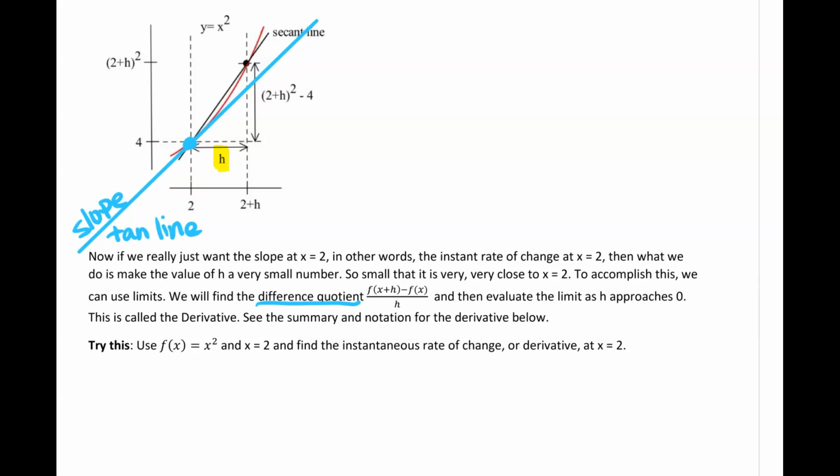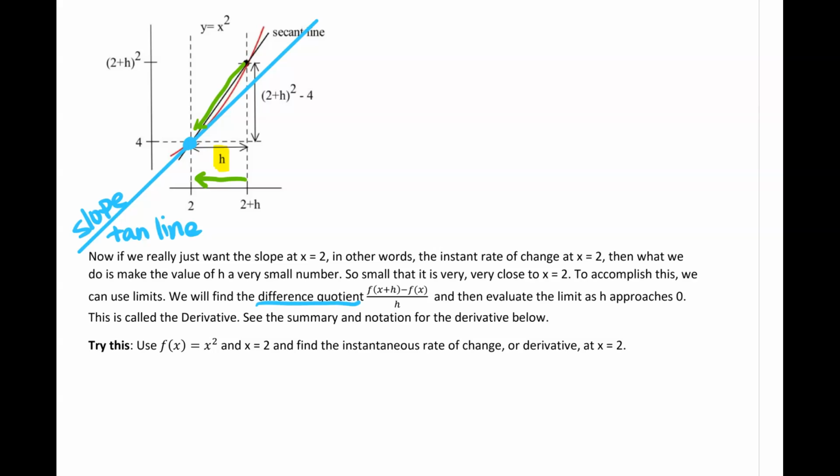So we're going to move this second point closer and closer to our first point, so that when we calculate the slope, those 2 points are basically indistinguishable. So that will give us the slope of the tangent line.